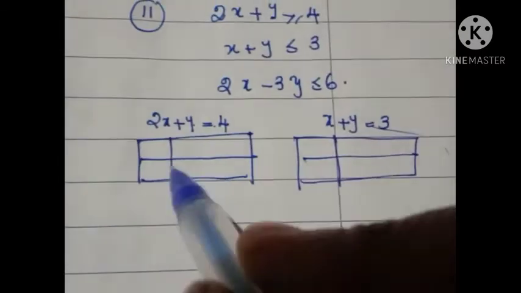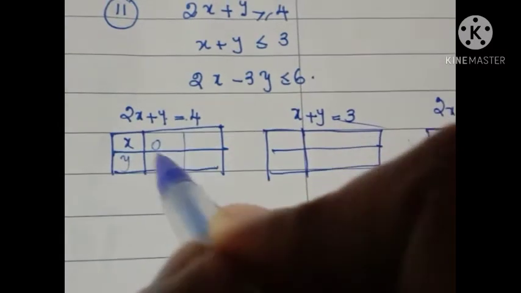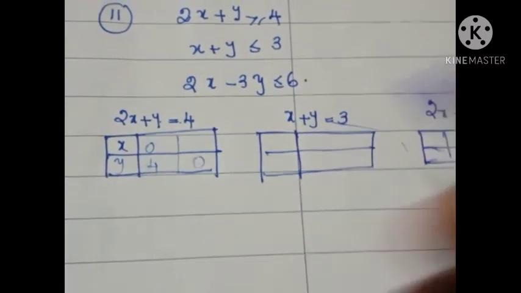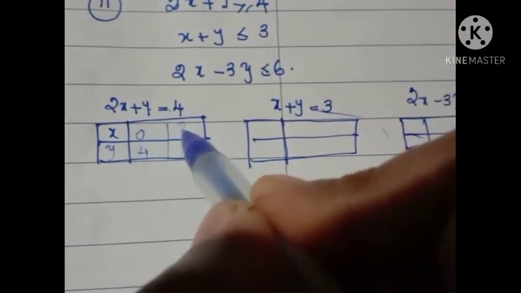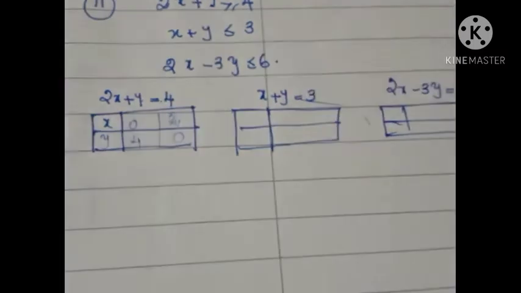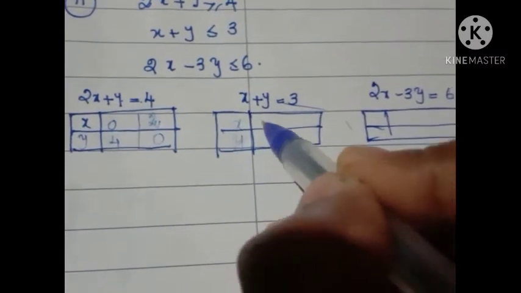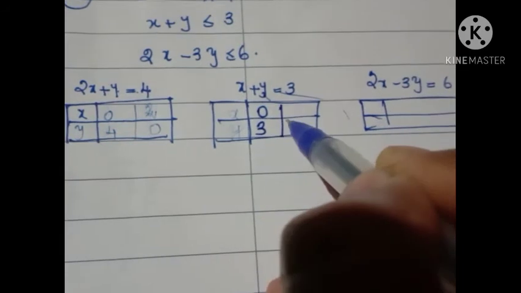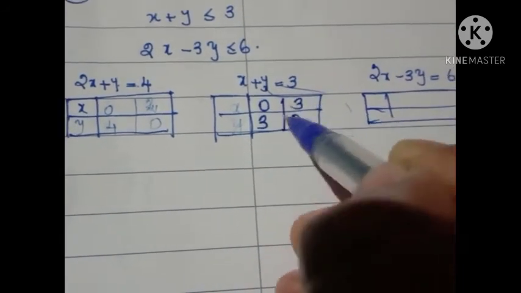Now find the points. When x = 0, y becomes 4. When y = 0, x becomes 4 by 2, that is 2. For the second one, when x = 0, y = 3, and when y = 0, x becomes 3.